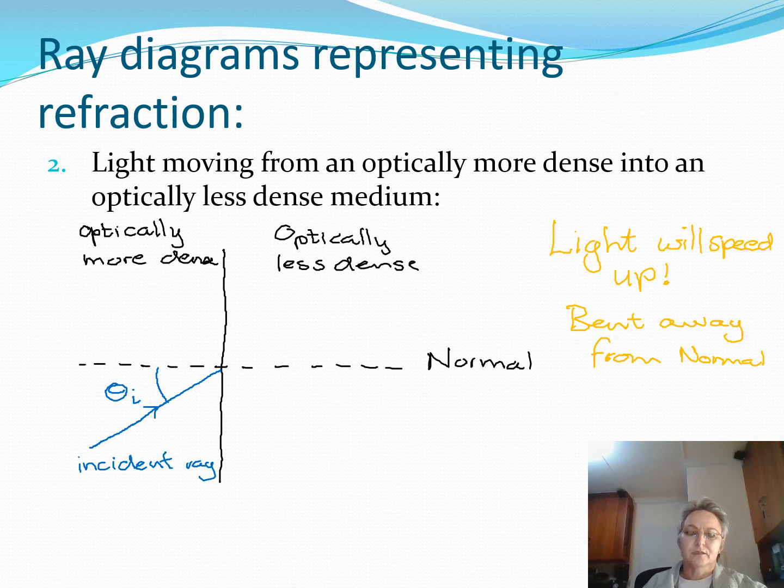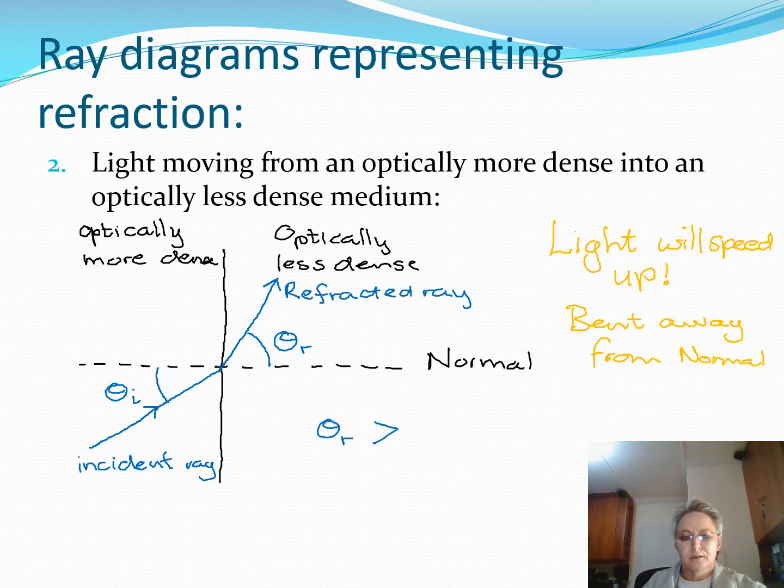So this light will bend away from the normal, and the angle of refraction, measured between the refracted ray and the normal, is bigger than the angle of incidence.